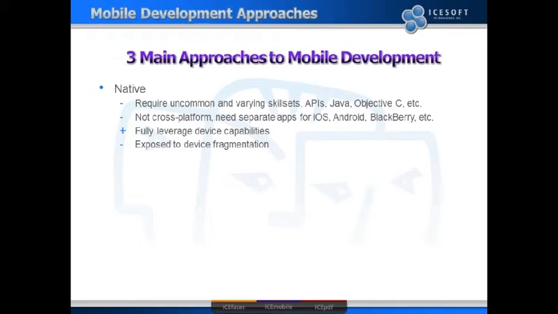Okay, let's start off with native. Obviously, native development comes quickly to mind when we think about mobile. You might want a nice native app. I think the biggest issue with native development, for a lot of people, is most likely going to be skill sets. If you're targeting iOS, you're going to require some Objective-C expertise.